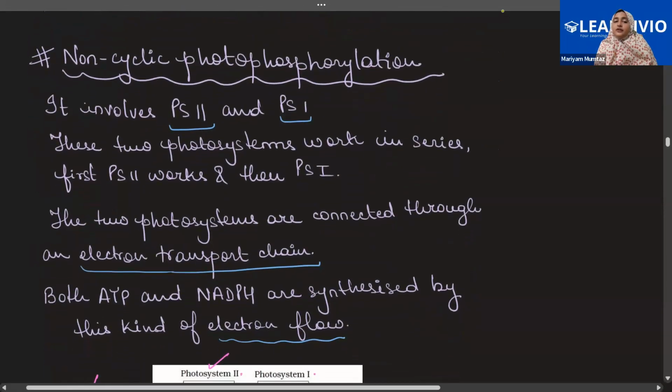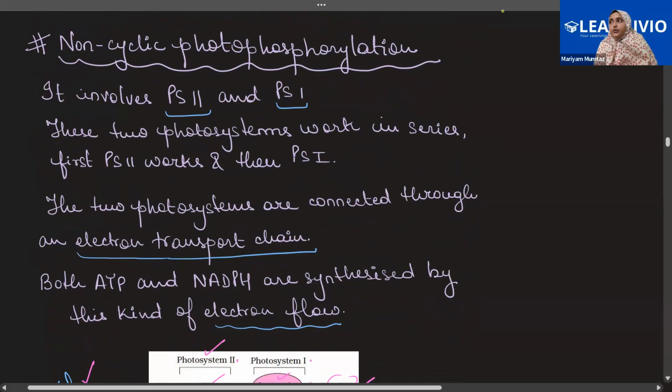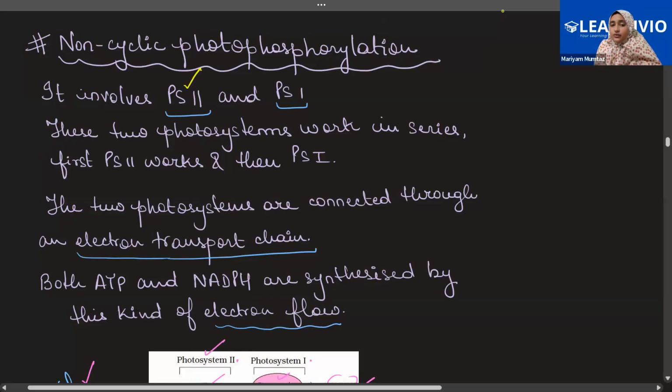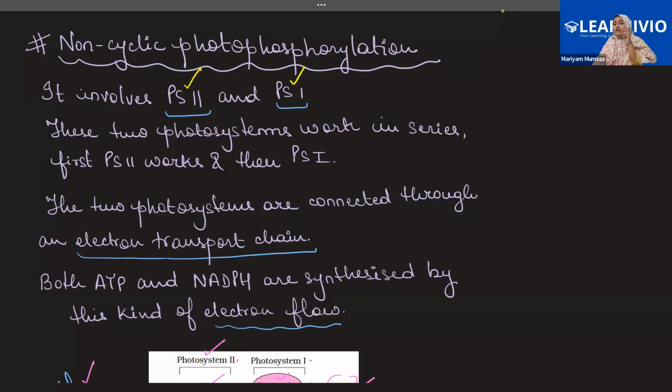Now talking about the non-cyclic photophosphorylation, this kind of ATP synthesis involves PS2 and PS1, meaning photosystem 2 and photosystem 1. Remember that photosystem 2 will act first and photosystem 1 will act after photosystem 2. It doesn't matter if one is given as PS1 and all.